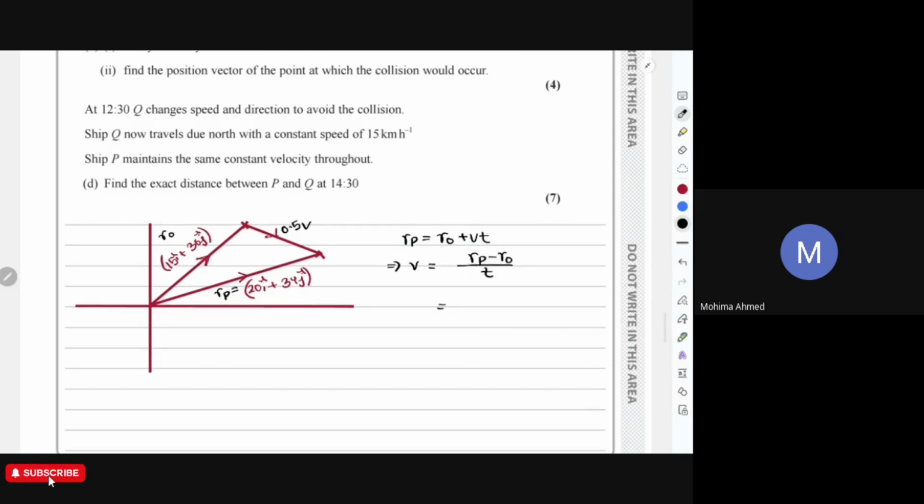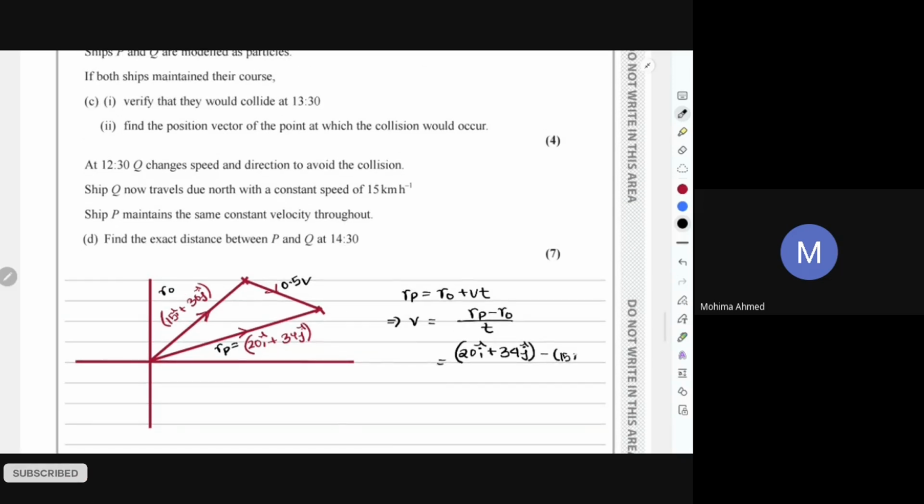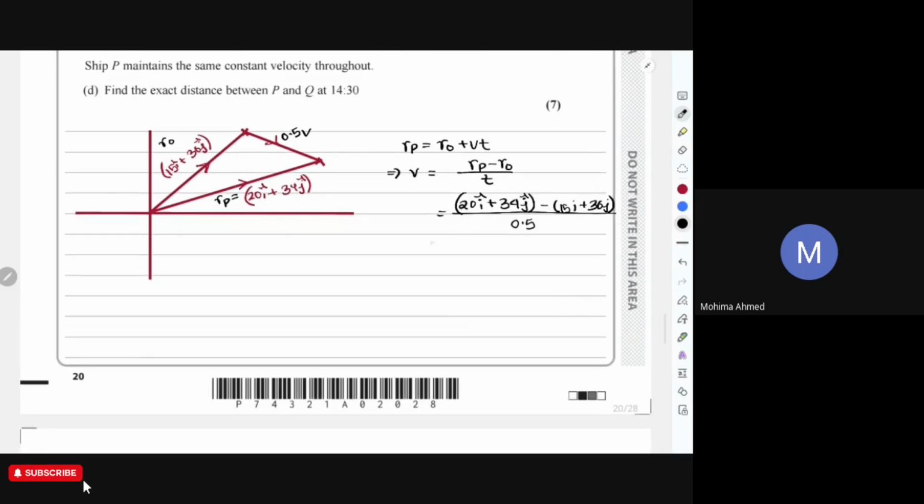So how much is your Rp? Rp is 20i plus 34j, and then subtract R naught, which is 15i plus 36j, dividing everything by 0.5. 20 minus 15 leaves you with 5i. 34 minus 36 is going to be minus 2j, right?